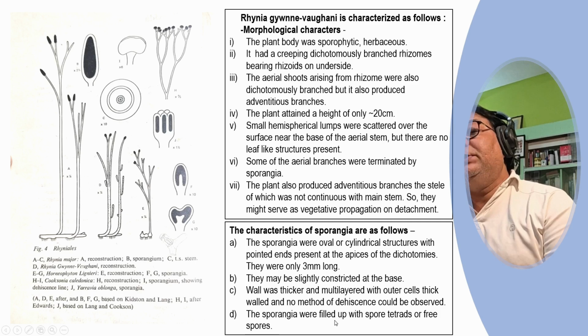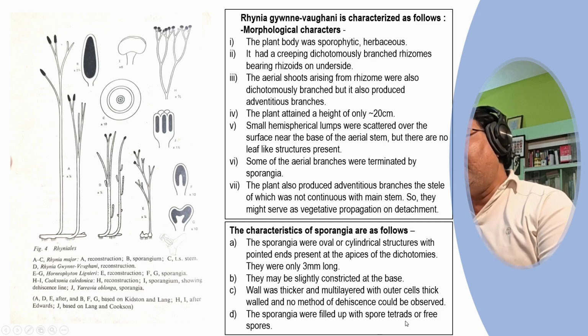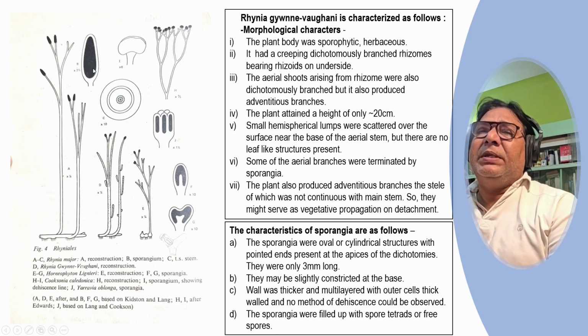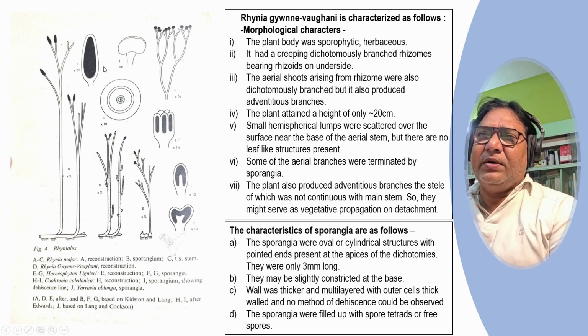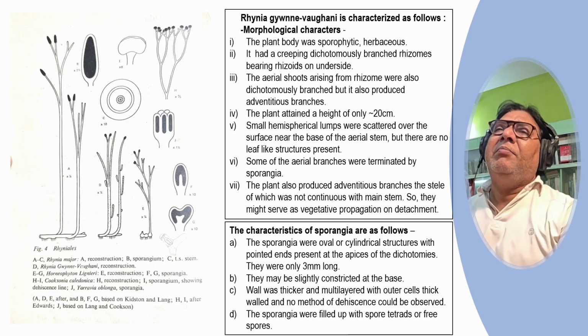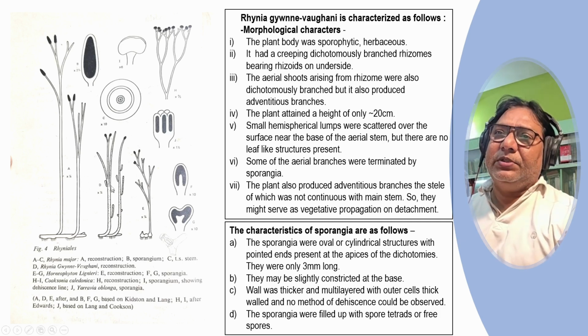The sporangia were filled up with spore tetrads or free spores. The structure of the spore has not been shown here, but the spores must have been of the trilete reticulate kind of exine sculpture, with a trilete aperture.